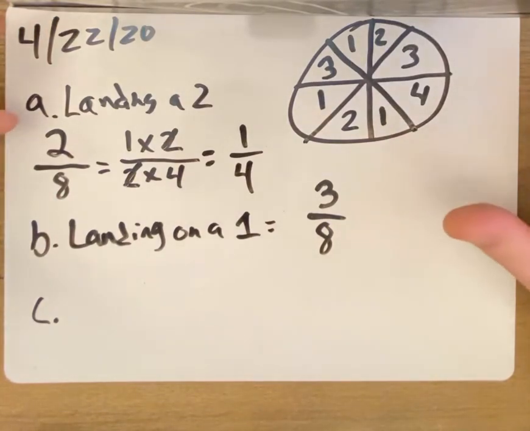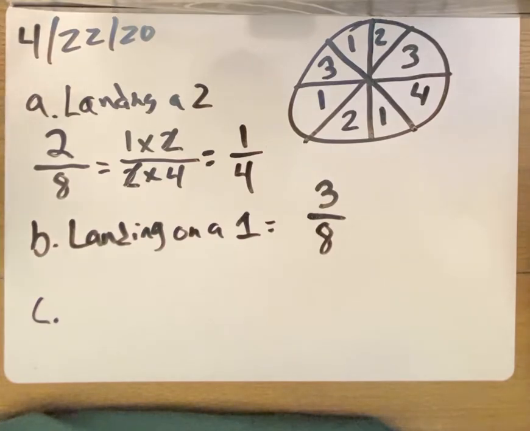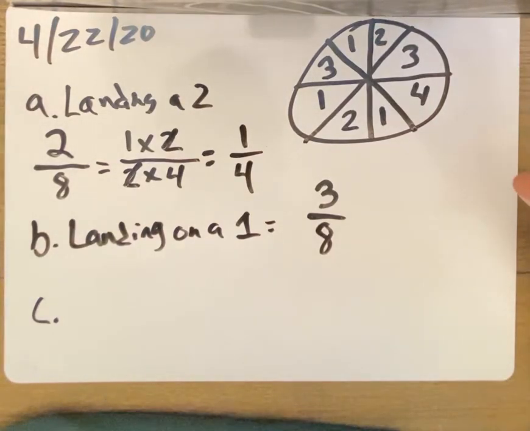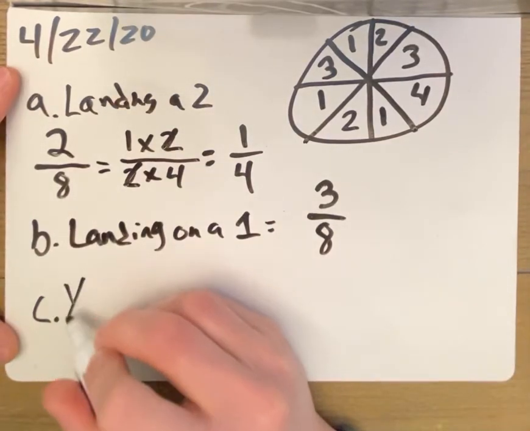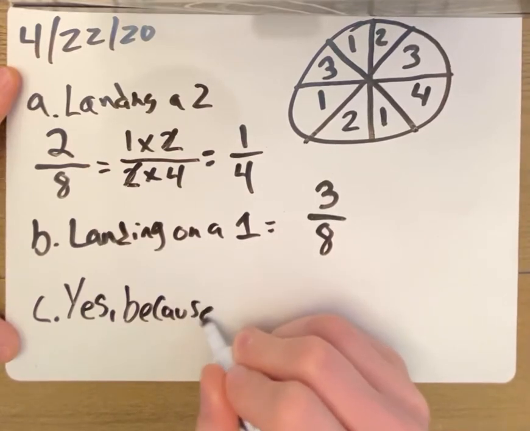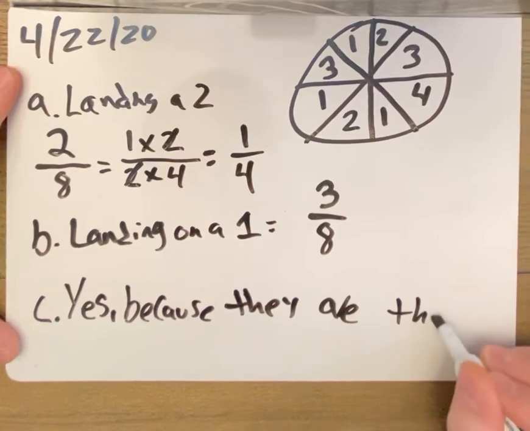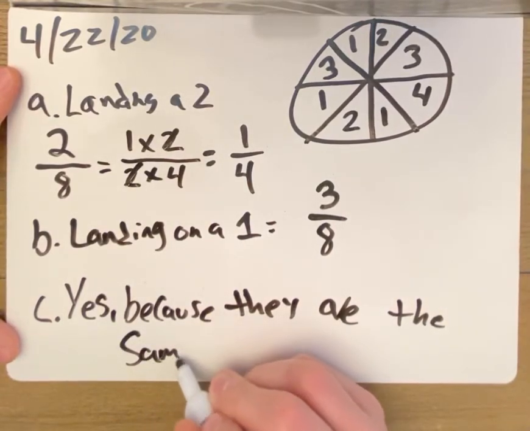Since each section is the same size, all of them are equally likely to occur. Not one of them is bigger, giving it a better chance to be spun. So yes, because they are the same size.